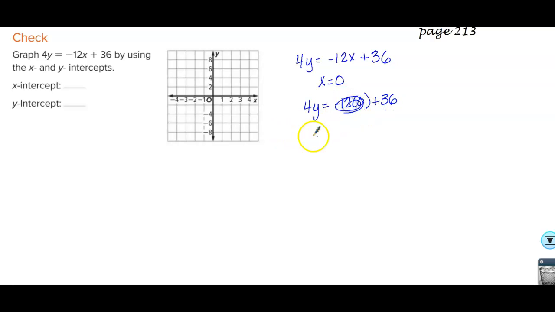This is going to be 0. So 4y equals 36. Divide both sides by 4. And we get y equals 9. So it intersects the y-axis at 9, which would be right here. Okay. Now we take the same equation, 4y equals -12x plus 36.